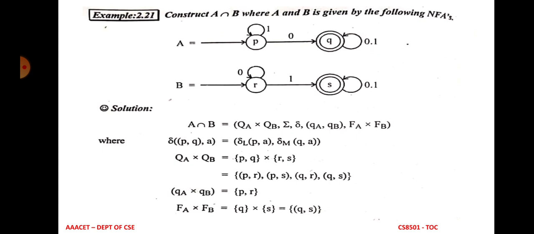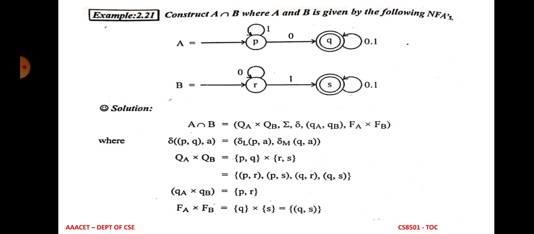For this definition we have to write the similar things from the above finite automata of capital A and capital B. So QA cross QB, where Q suffix A is nothing but the set of states in capital A, and Q suffix B is the set of states in finite automata B. For A, there are two states, P comma Q, and for B, two states, R comma S. So we write the set P comma Q Cartesian product R comma S. Now we write the whole set of states: P comma R, P comma S, Q comma R and Q comma S. So for this A intersection B, there are 4 states.